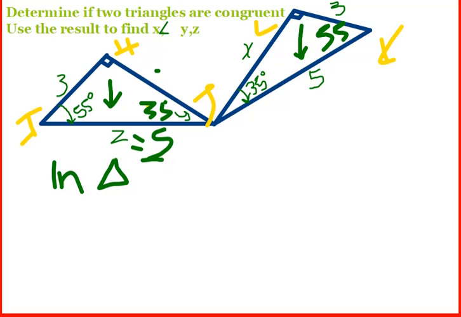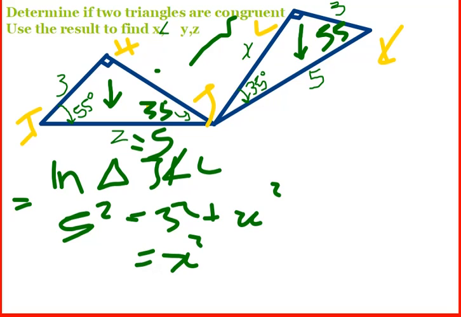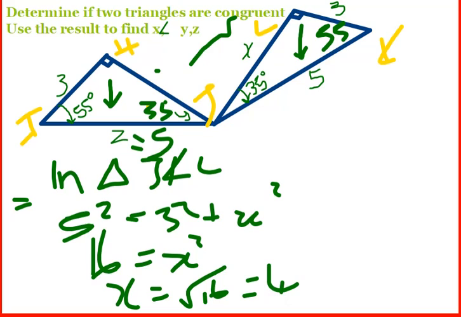Because looking at triangle JKL, so if we look at this triangle here on my right, we can surely say that the hypotenuse, which is 5 squared, is equal to 3 squared plus x squared, and we solve for x by putting x alone. So x squared is 5 squared minus 3 squared, so 25 minus 9 is 16, and we can see that our x, if we say square root of 16, is equal to 4.